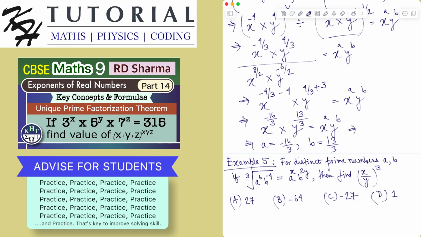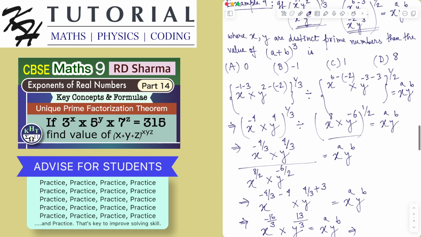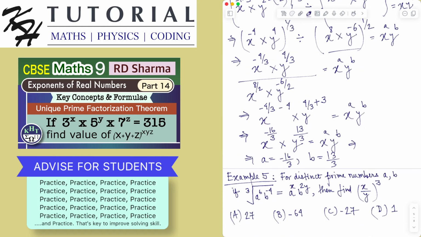This implies we are asked to find a plus b whole cube. So a plus b whole cube is minus 16 by 3 plus 13 by 3 whole cube.